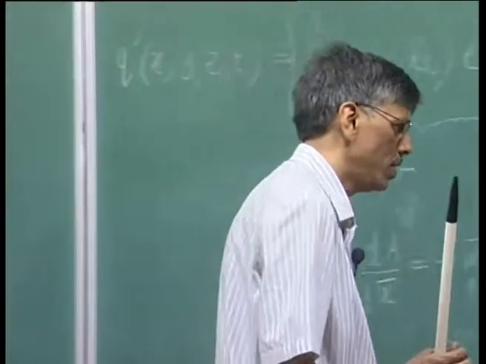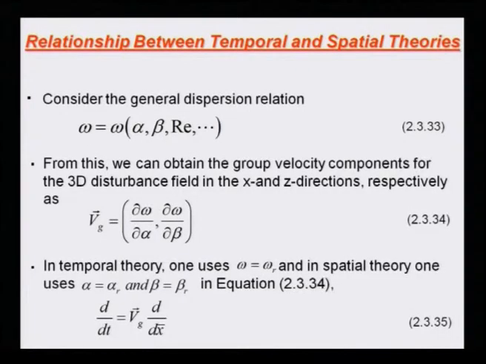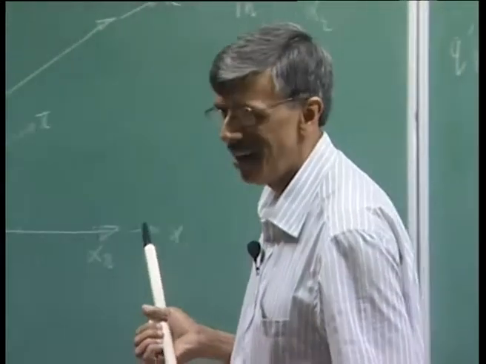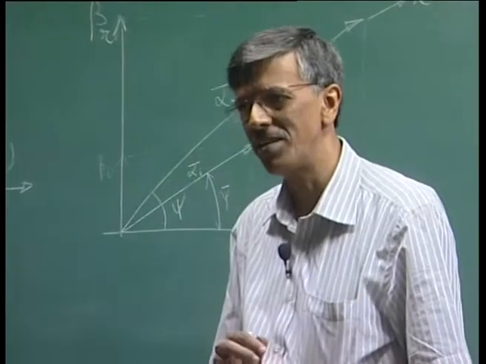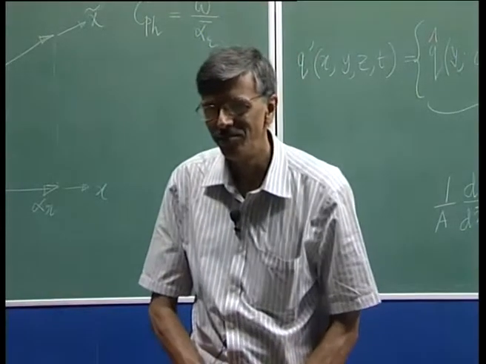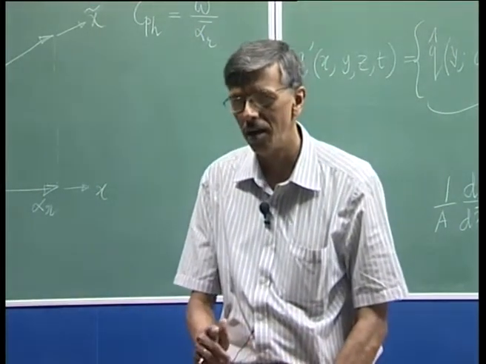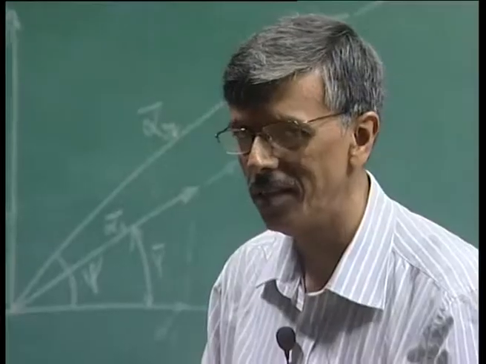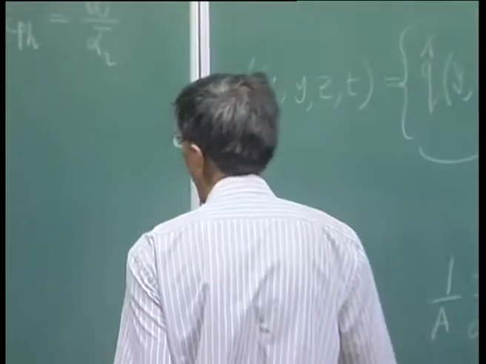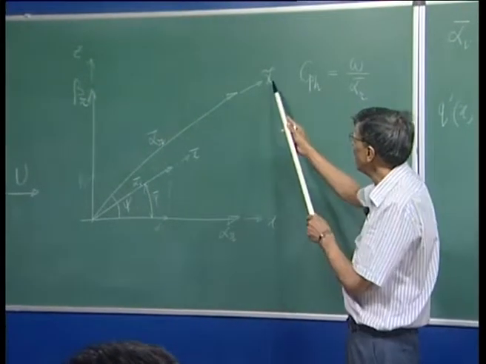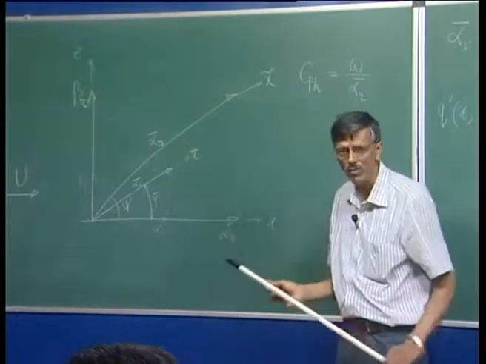Now, this of course presupposes something, that we know this direction x bar. Unfortunately, in the spatial theory, we are going to find out both alpha r, alpha I and beta r, beta I. So, we do not a priori know what our preferred direction is; x tilde, x bar, none of these are known.